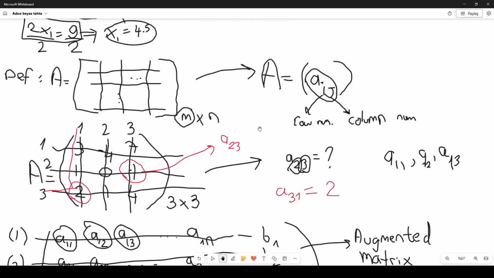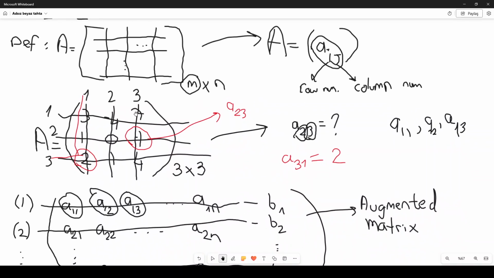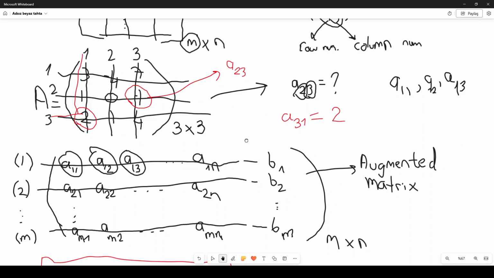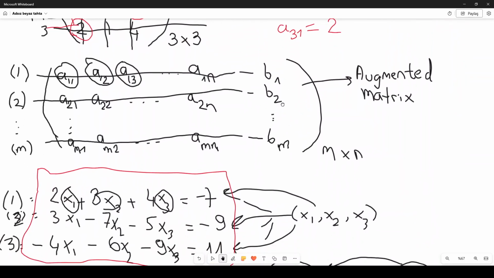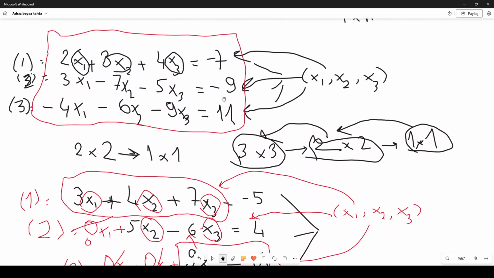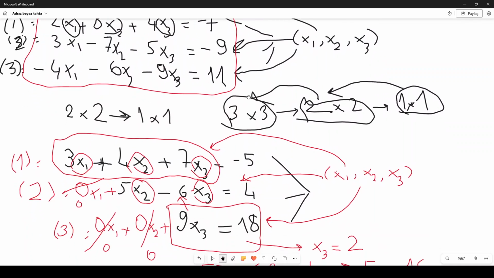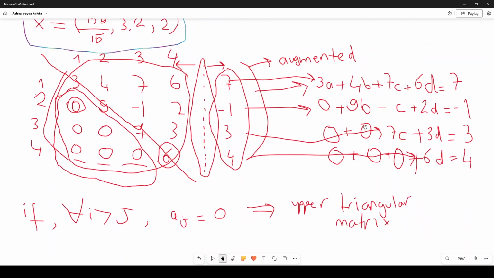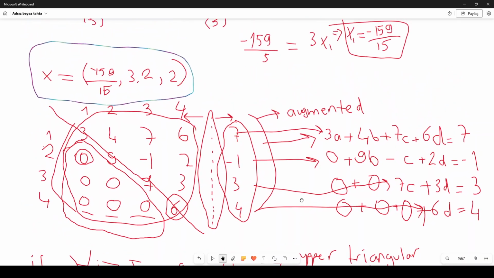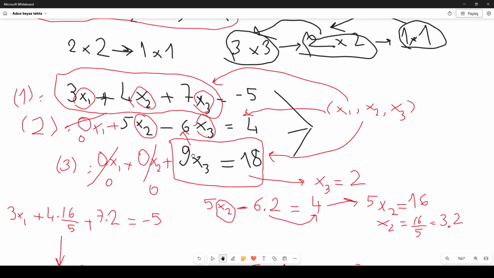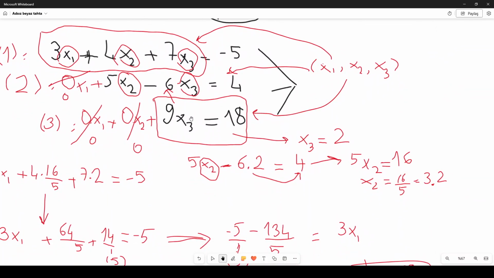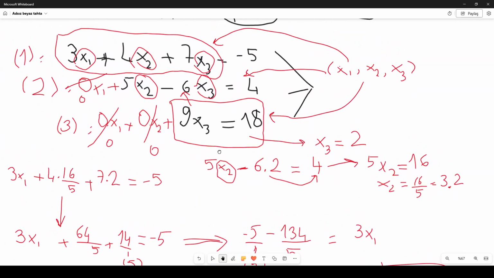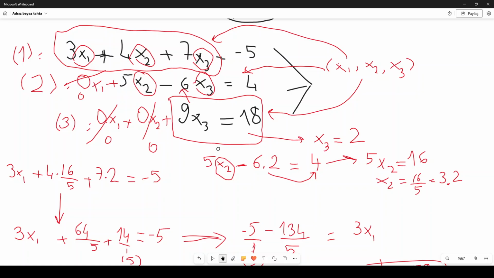We also learned what a matrix is and the basic terminology related to matrices: how to find the entry of a matrix, what the main diagonal elements are, what the coefficient matrix is and what the augmented matrix is, and how we can convert a given system of equations into an augmented matrix or vice versa. And how can we find the solution of an upper triangular system, and see how simple that is? Why did we start with an upper triangular system?